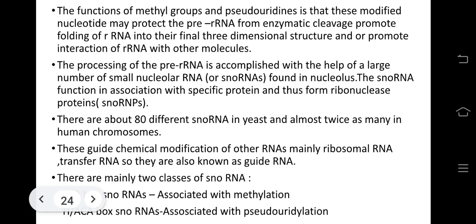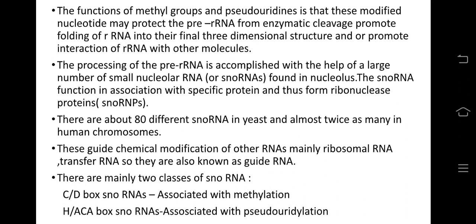The snoRNAs function in association with specific proteins and thus form ribonucleoproteins. There are about 80 different snoRNAs in yeast and almost twice as many in human chromosomes. These guide chemical modification of other RNAs, mainly ribosomal RNA and transfer RNA, so they are also known as guide RNAs.